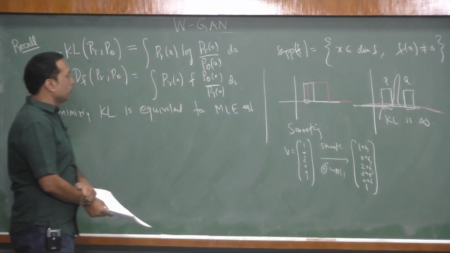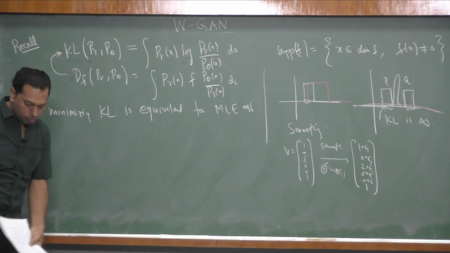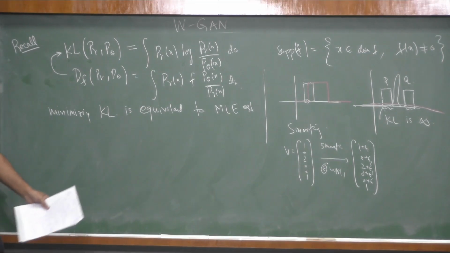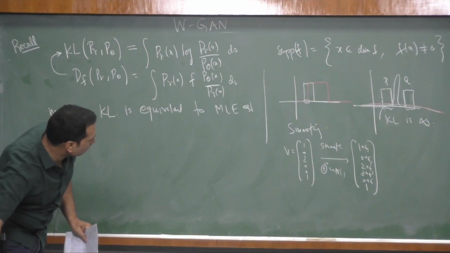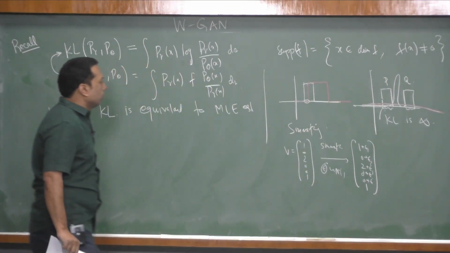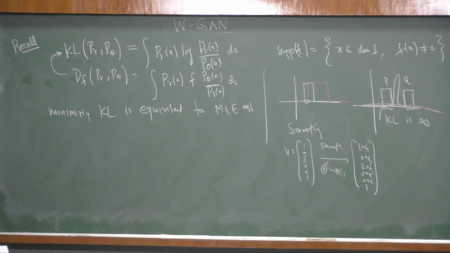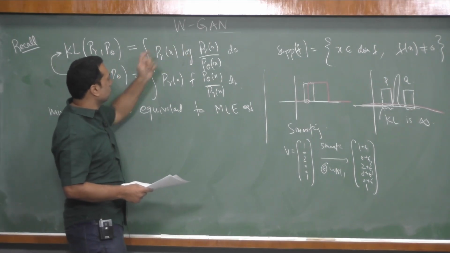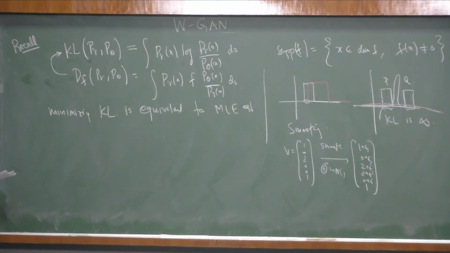So we are looking for a clever way of measuring such PDFs where they may not have the same support, okay? So that's the main motivation we had behind WGAN. But WGAN also has some other interesting things, that this measure satisfies the triangular inequality, whereas KL didn't, okay? So there are quite a few advantages.